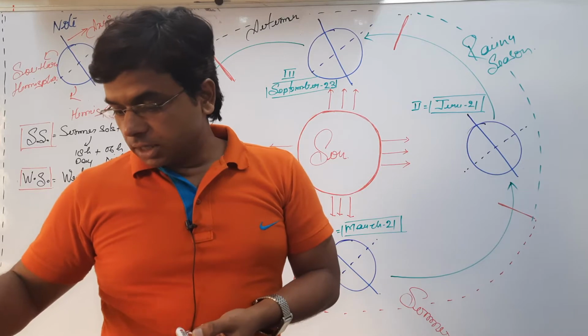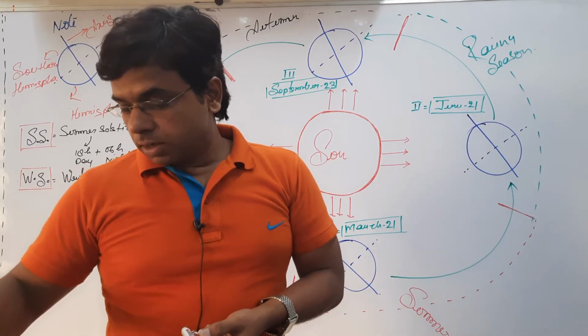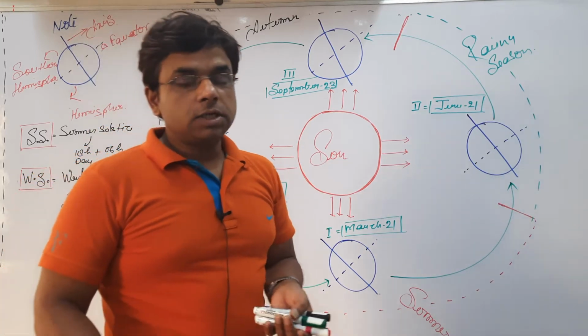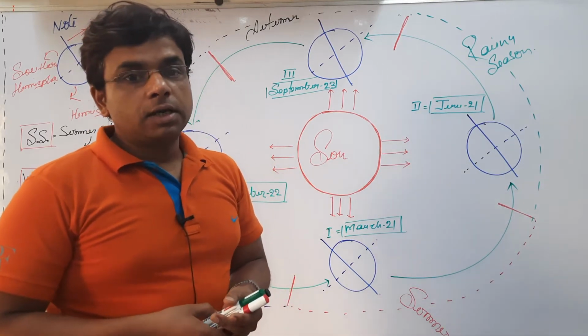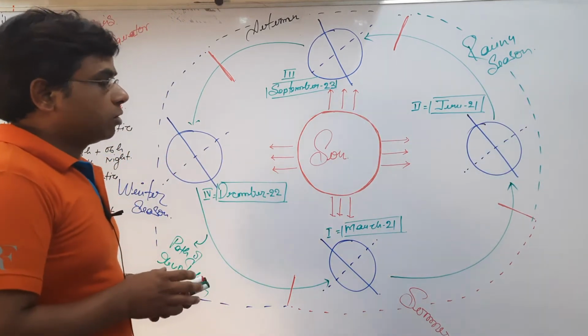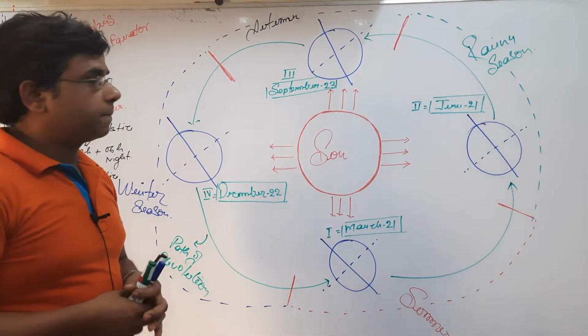In the second lecture, we were done with the Coriolis force, how the Coriolis force emerged, and I have explained that the Coriolis force is the outcome of the rotation motion of the earth.